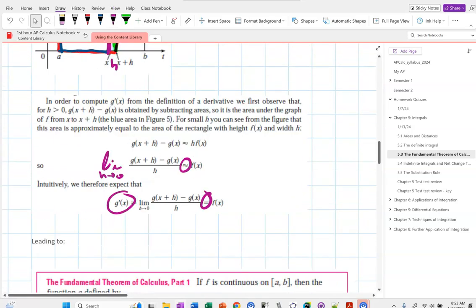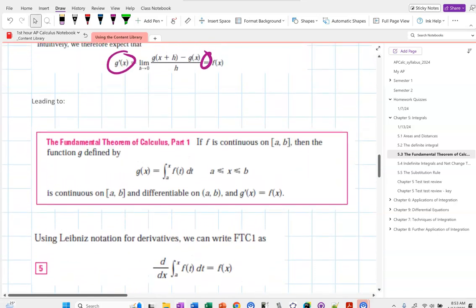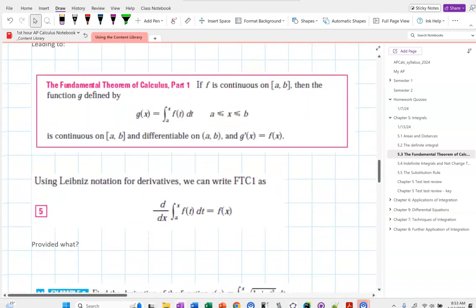That is a major, major result. We call that the fundamental theorem of calculus part 1. It says that if f is continuous on the interval from a to b, and g is defined by the function g of x equals the integral from a to x of f of t dt, then g is also continuous from a to b, and it's differentiable on the interval from a to b, where the derivative of g is just equal to f.